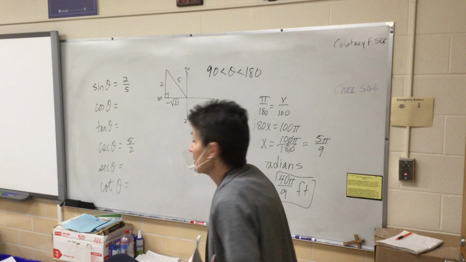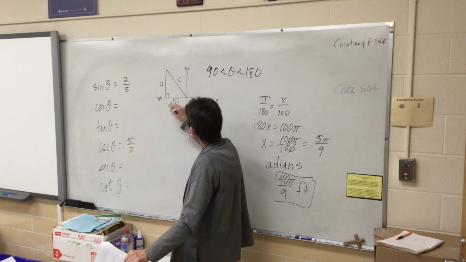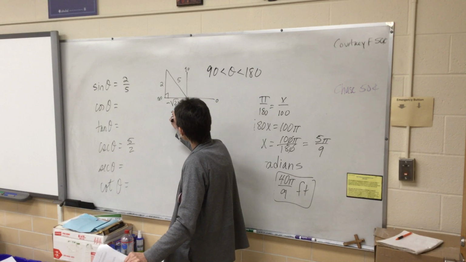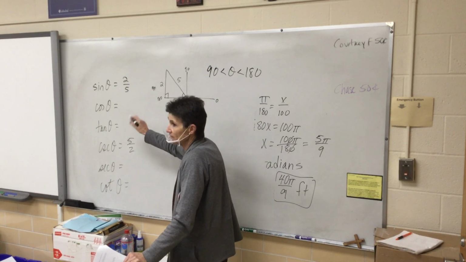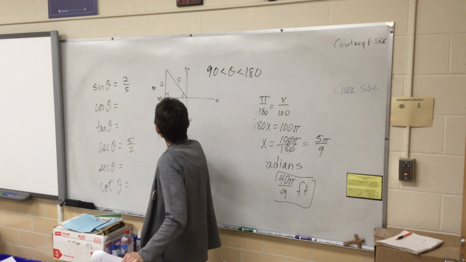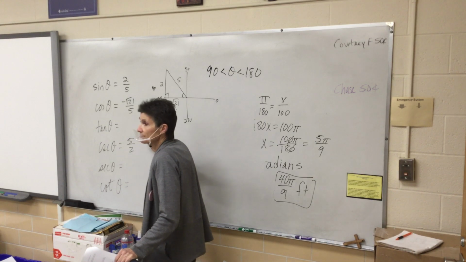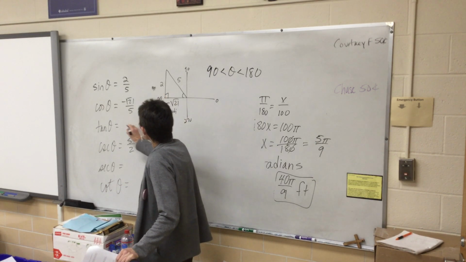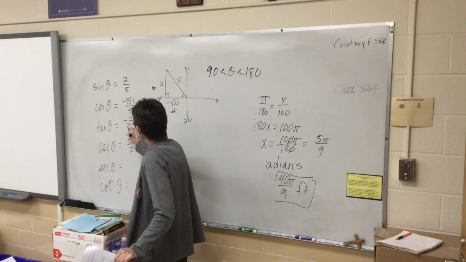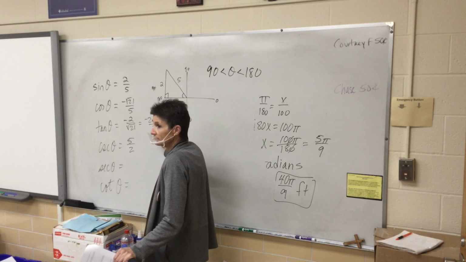All right? So now we're ready to fill in the blanks. Mary Kate, you might want to recognize this is adjacent, this is opposite. So cosine is negative root 21 over 5. Tangent is negative 2 over root 21, which is negative 2 root 21 over 21.